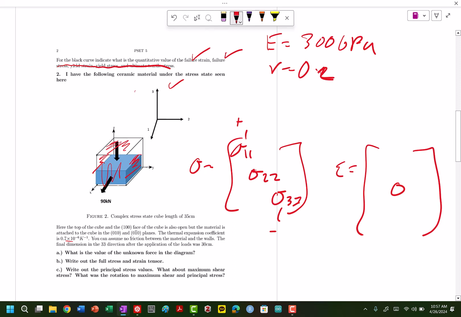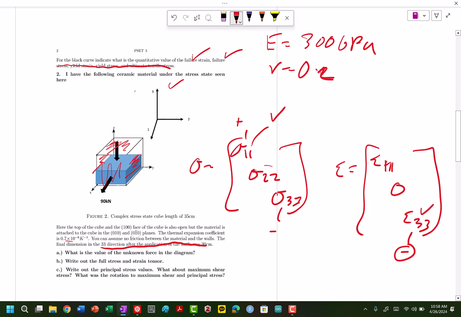So we're given the thermal expansion coefficient, but we're also given the final dimension of the 3-3. So we know what the strain in the 3-3 is, and we know that that's going to be a negative value. We also know there's going to be a strain in the 1-1 too. Basically, we actually know what this one is too, because we can calculate that little area here.